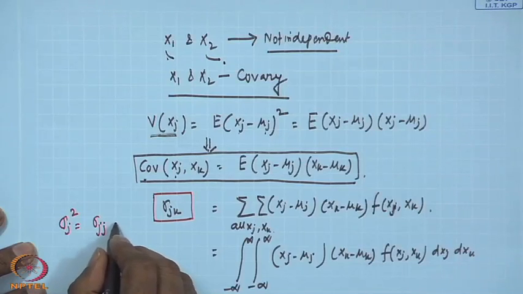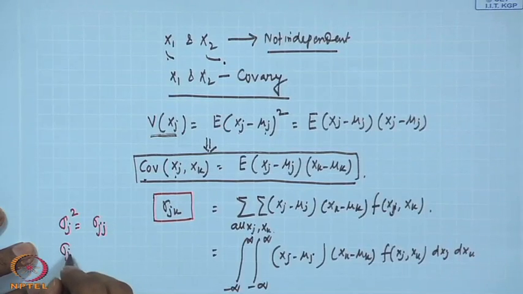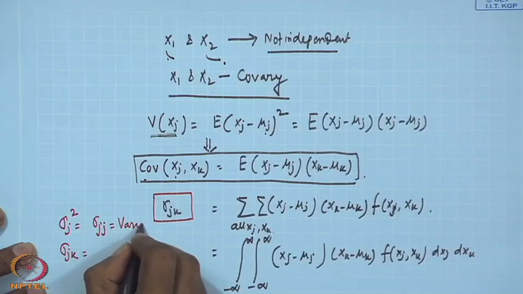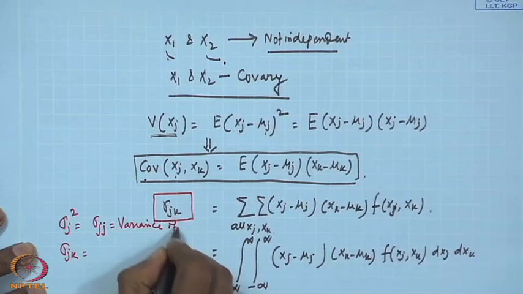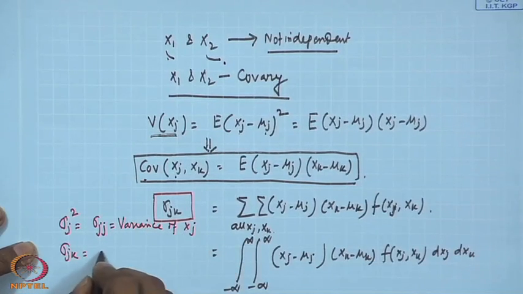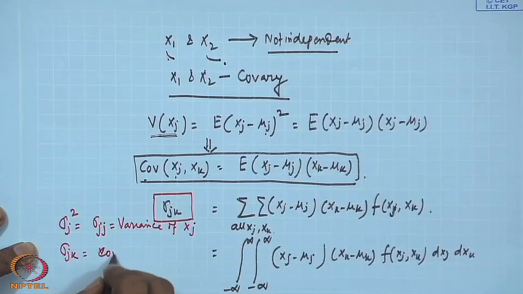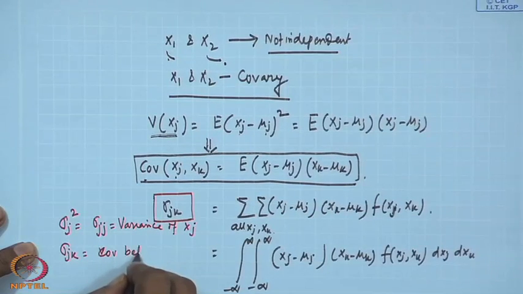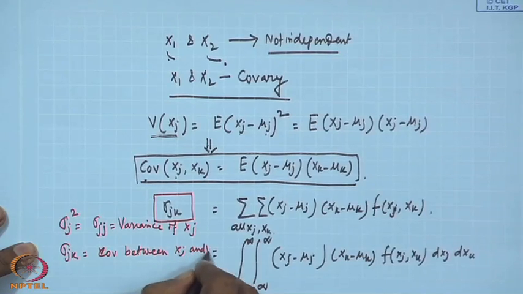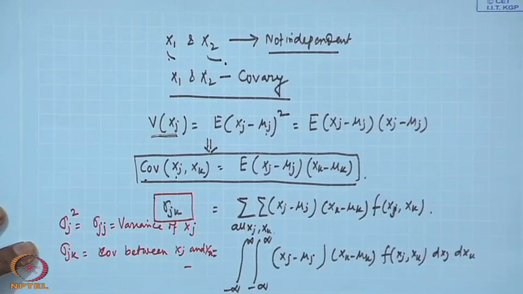Then we will be using sigma jk. This is the variance of x j and this one is the covariance between x j and x k.